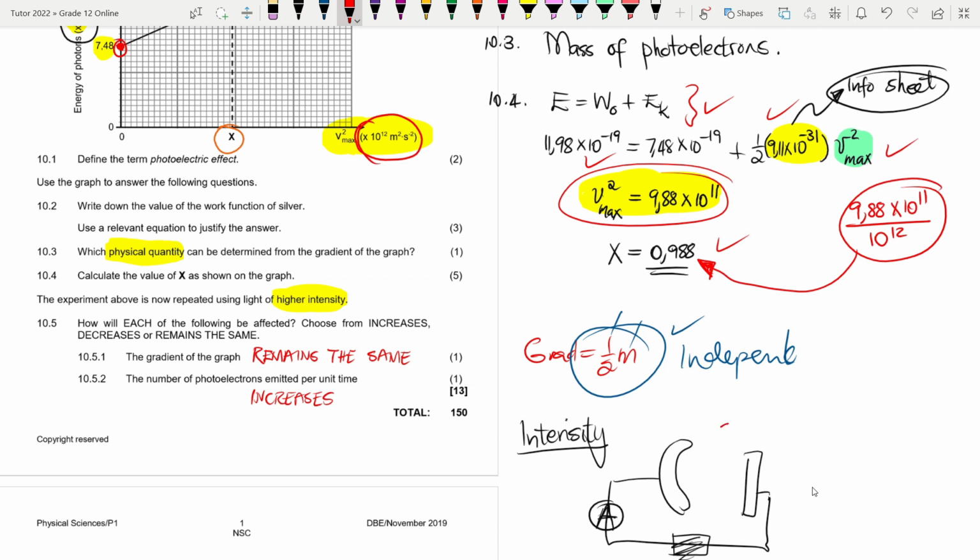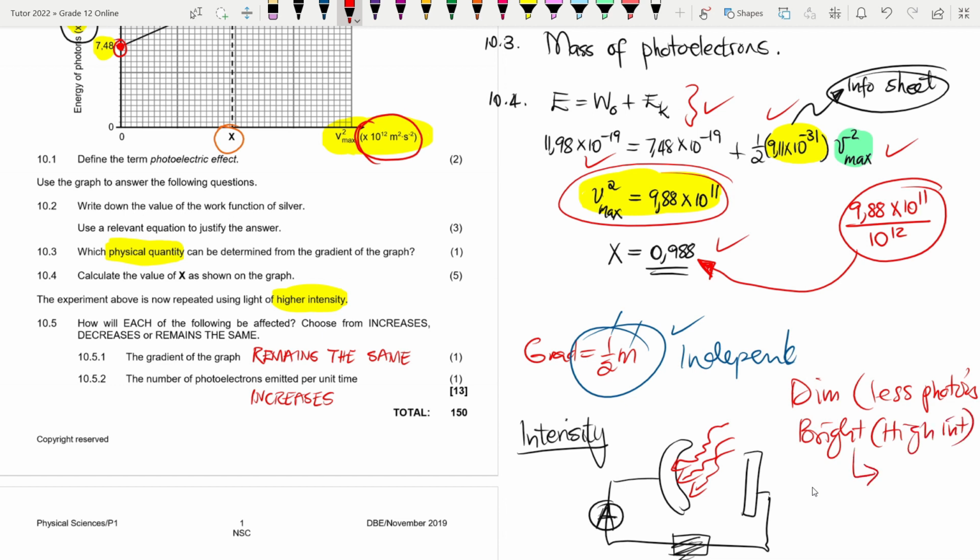When we have light, it's going to release photons. If the light is dim, we have fewer photons. If the light is bright or high intensity, then we have many photons.